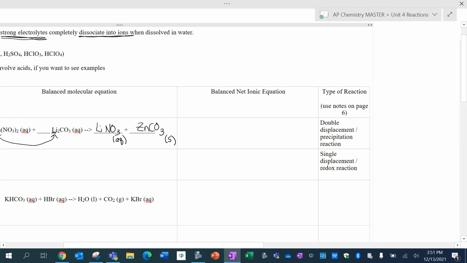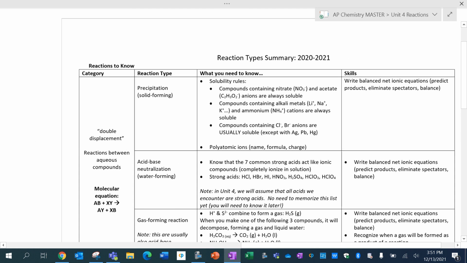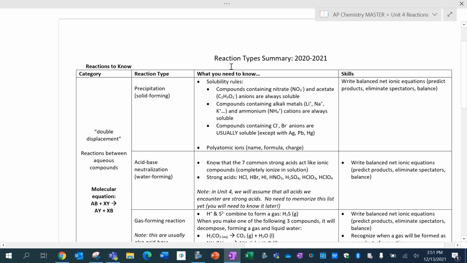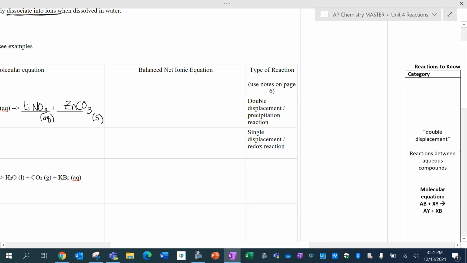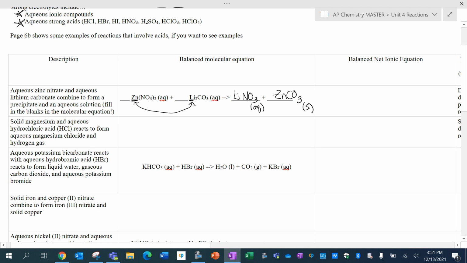My solubility rules are listed in several different places, but one place you could find them is right here on your reaction type summary page, on page 6 in OneNote. Notice how nitrate compounds are always soluble, but zinc and carbonate are not on my list of soluble things. If it's not soluble, then it's insoluble, so it'll be a solid.